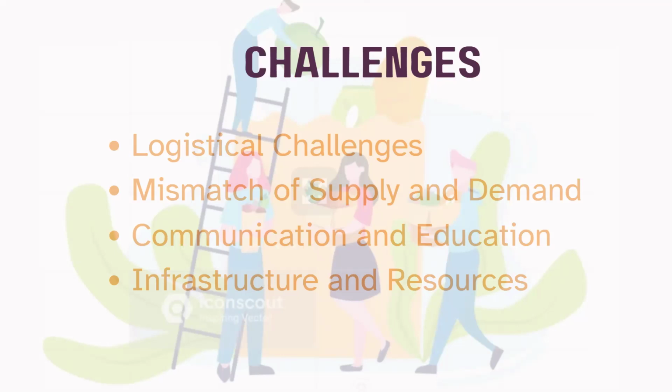And infrastructure and resources is the other challenge, where in terms of technology and information systems, utilizing technology for inventory management, tracking donations, and coordinating logistics requires access to suitable infrastructure. Lack of proper systems can hinder efficient management of donations.